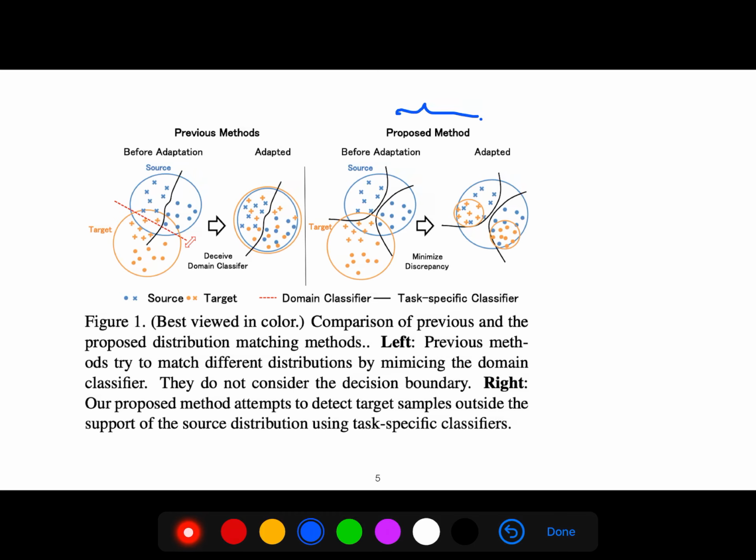So on the left, previous methods try to match different distributions by mimicking the domain classifier. They do not consider the decision boundary. Because after adaptation, you see this decision boundary is wrong, because you have plus on both sides. But on the right, as you see, all pluses go together.